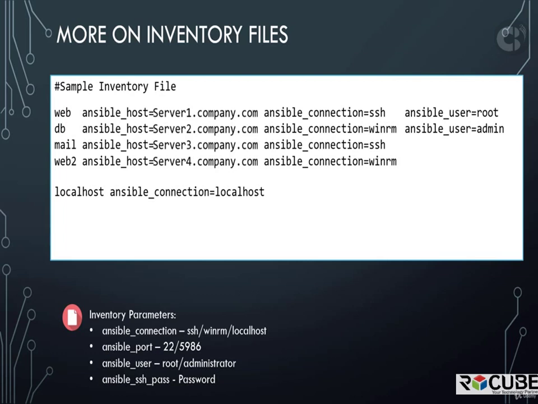If you need to change that, define it as shown here. ansible_ssh_pass defines the SSH password for Linux. Note that storing passwords in plain text format may not be very ideal. Look up Ansible Vault to securely store your passwords in an encrypted format.